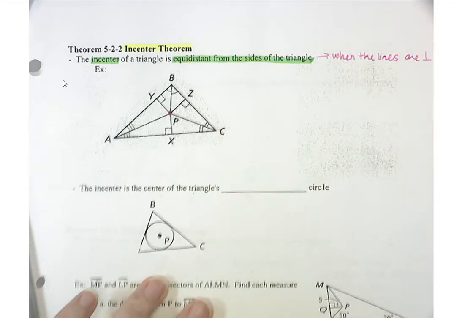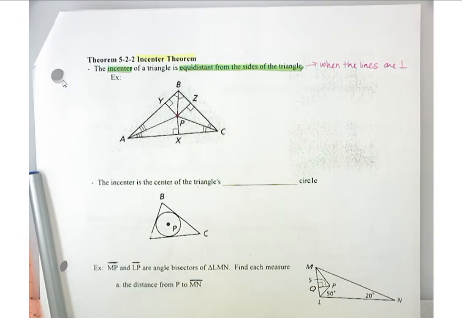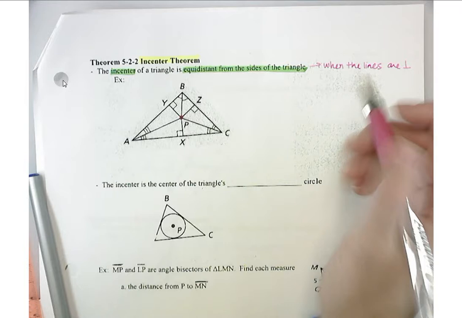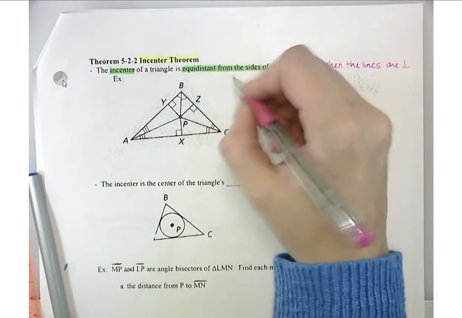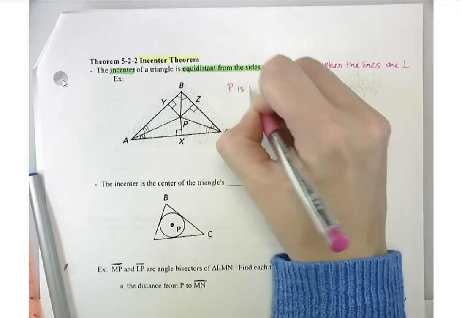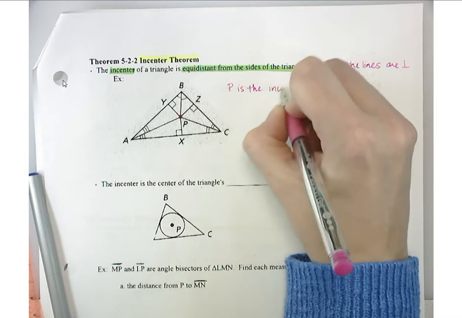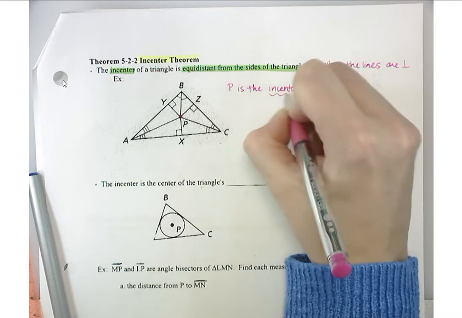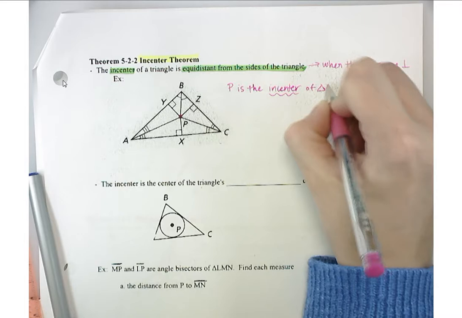Okay, so when the lines are perpendicular, that's the part that's equidistant. So not just any line, it has to be the ones that are perpendicular. So P is the incenter of triangle ABC.